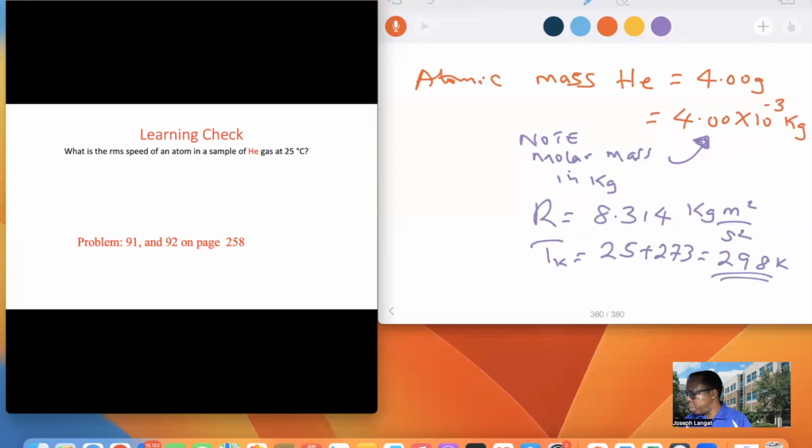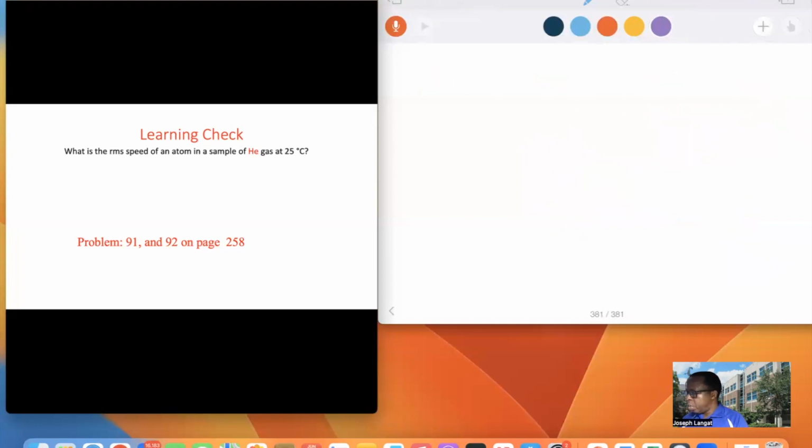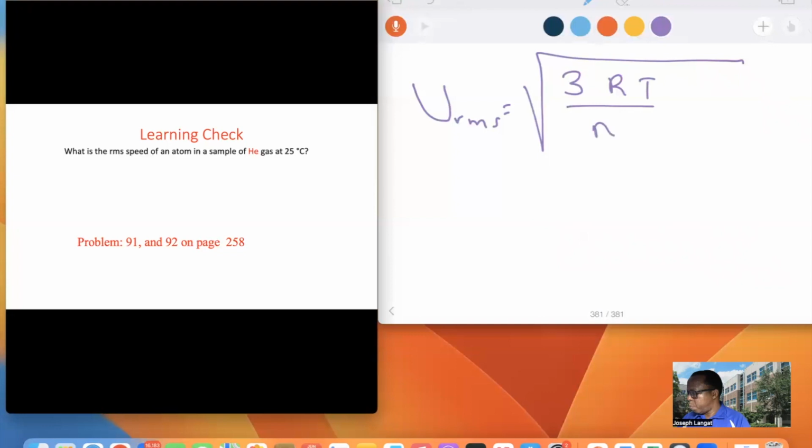Remember to change the temperature to Kelvin. So if we plug in now, root mean square speed is given by the square root of 3RT over molar mass.